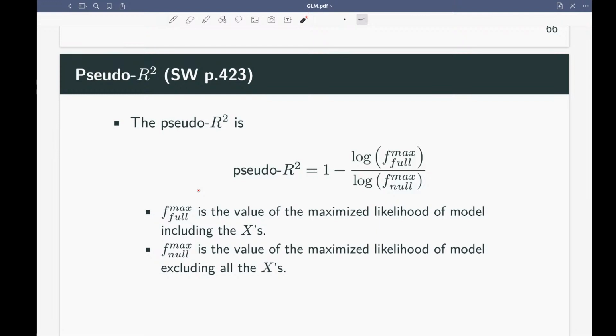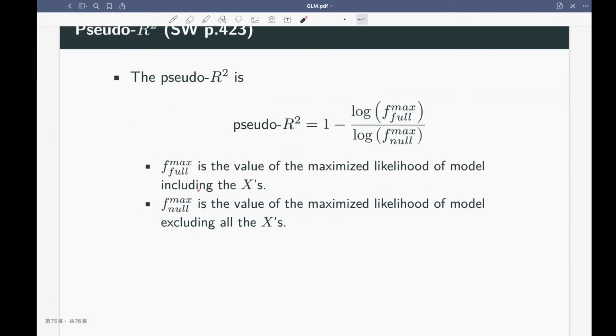What is a pseudo R-squared? It's based on the maximum likelihood function, the maximum likelihood estimator.